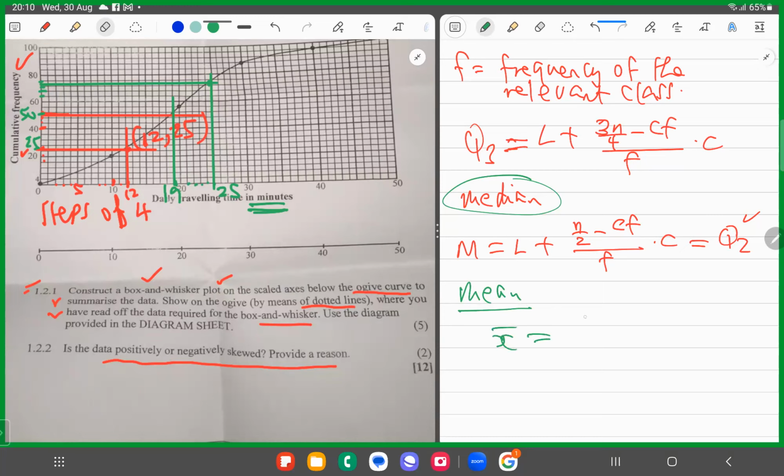For grouped data, the mean is the sum of Fi X i, divided by the sum of Fi, which is N. So we used the formula for the mean, and we are good with that one.